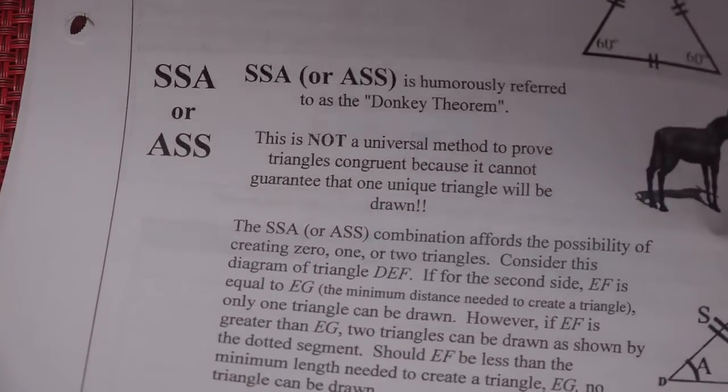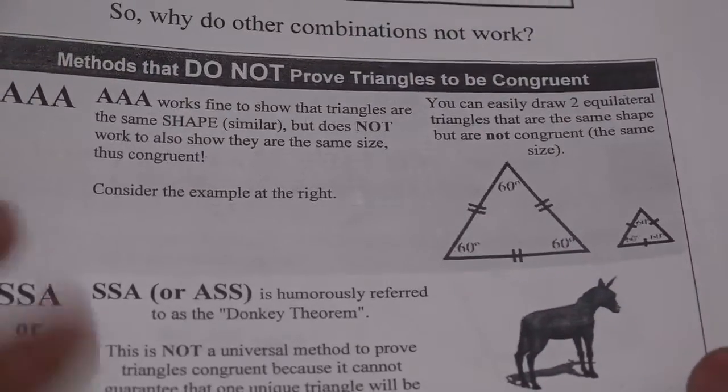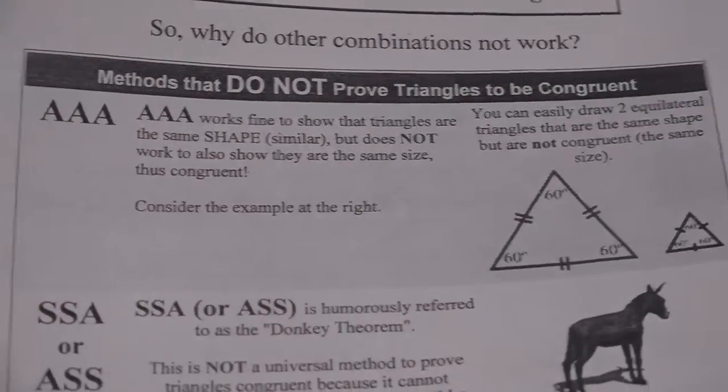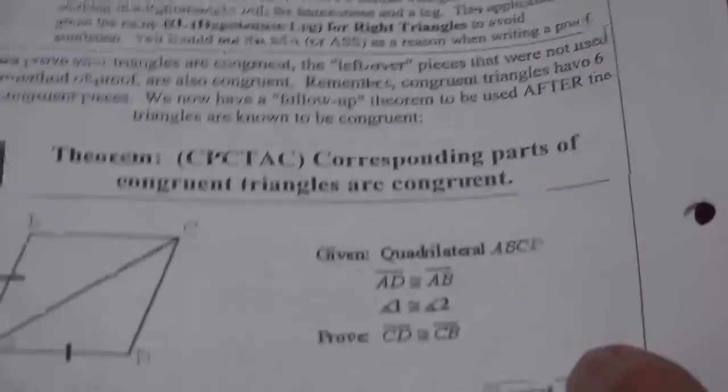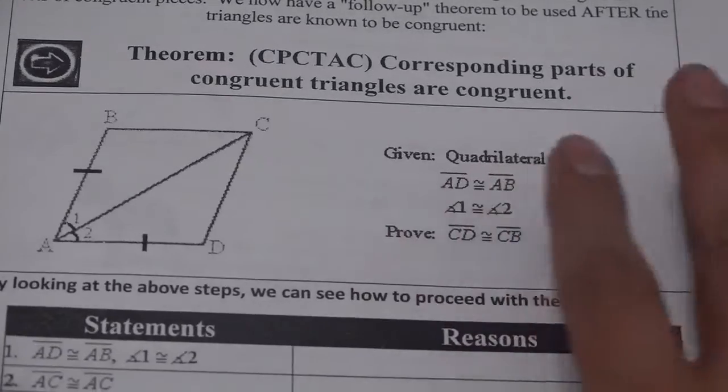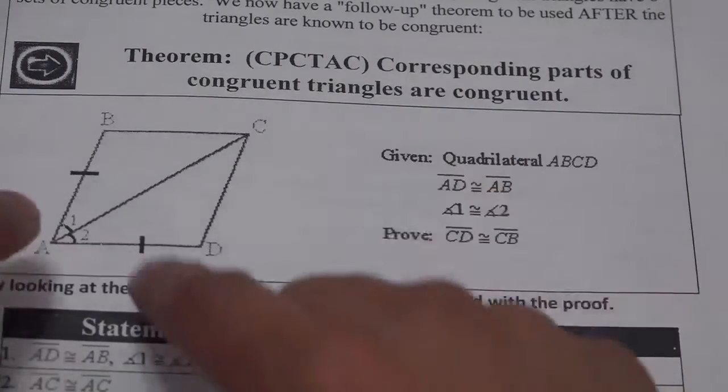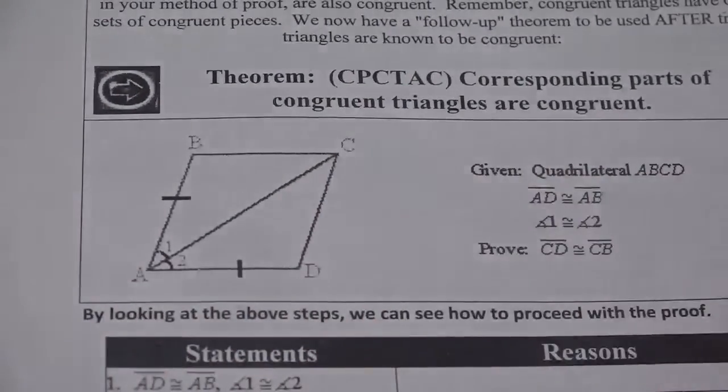Now, I will explain to you why not angle, angle, angle, why it cannot be used. After you've proven your triangles congruent, there's only one thing to do. Let's say I prove all my triangles congruent.